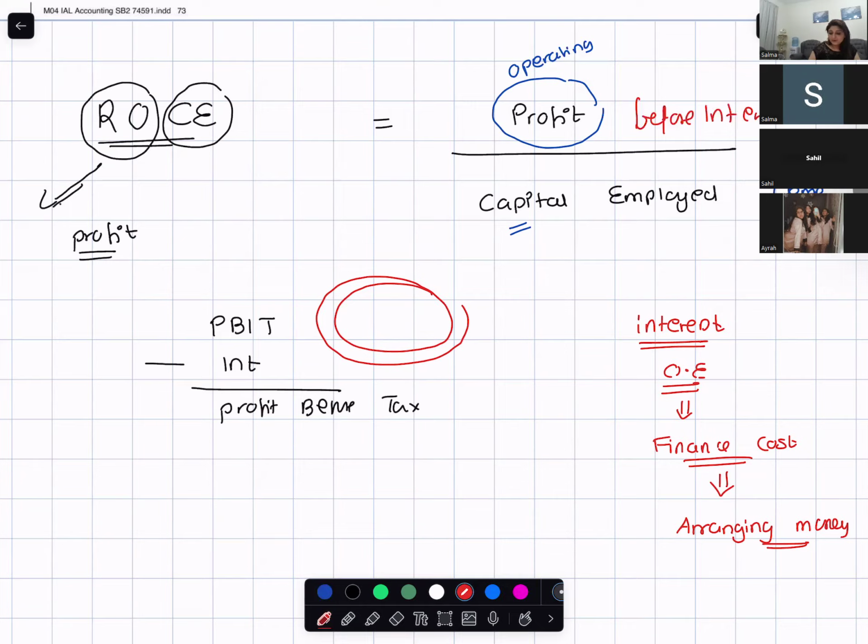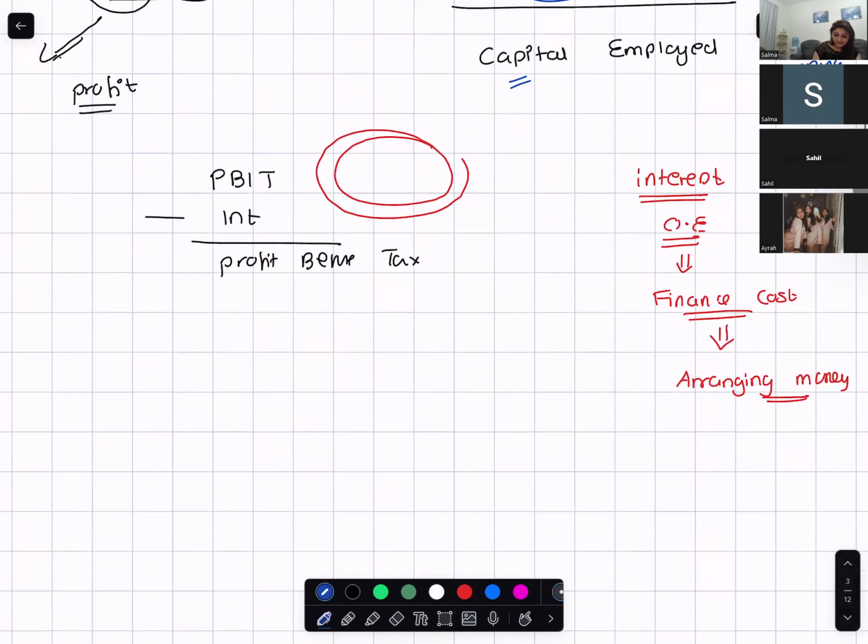When you talk about capital employed, how do you get the capital employed? Profits from operation upon working capital. I'm talking about capital employed. Your investors. What is the meaning of capital employed? Money gathered.